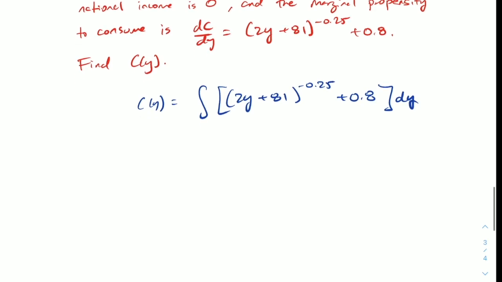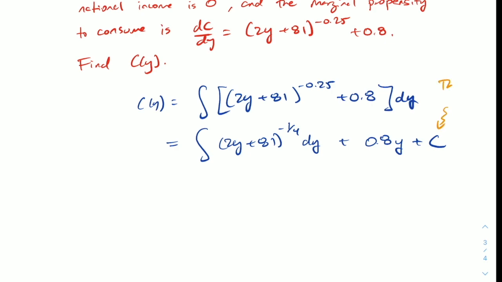Separating this into two integrals, we'll get the integral of (2Y plus 81) to the, let's write this as negative 1/4. And then we can do this second integral right off the bat. It's just going to be 0.8Y plus c. Be careful here. This c is not C of Y. This is just a constant. It's not C of Y.